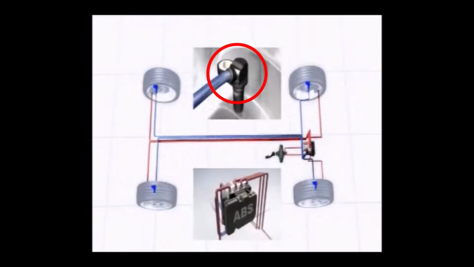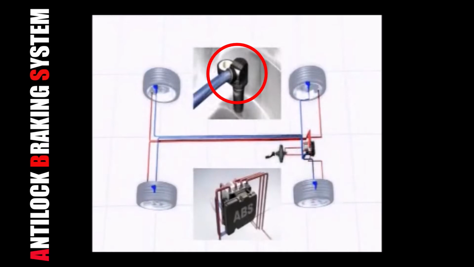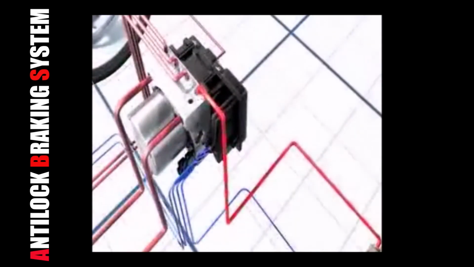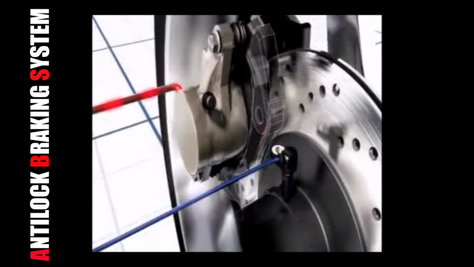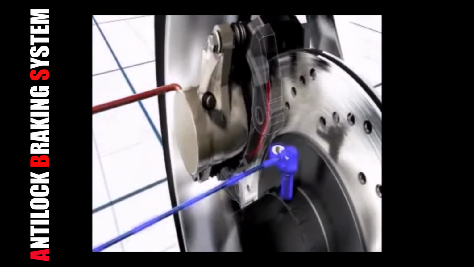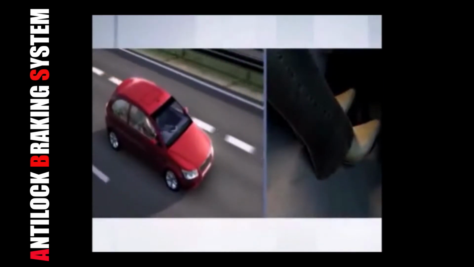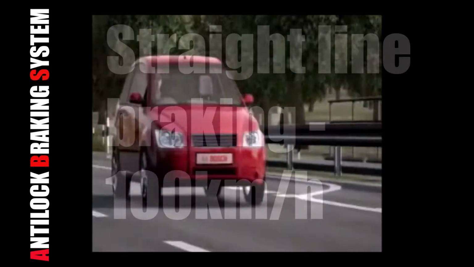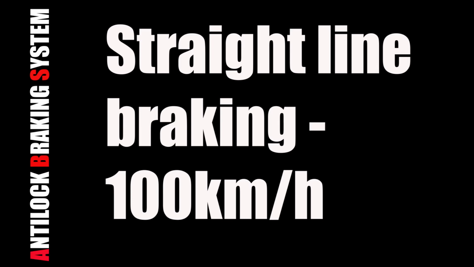These sensors monitor your speed on each of the wheels, and if one of them locks, the ABS unit realizes you have now lost control on that wheel and will release the brakes for a microsecond. It will then reapply the brakes. This means that you will never get into a skid situation, and this can be clearly seen here when we do straight line braking at 100 kilometers an hour.